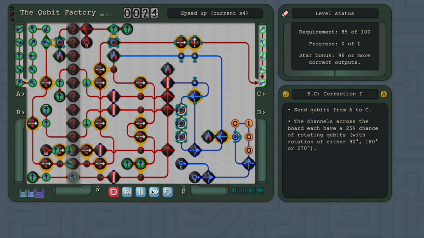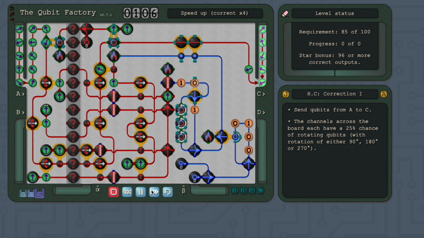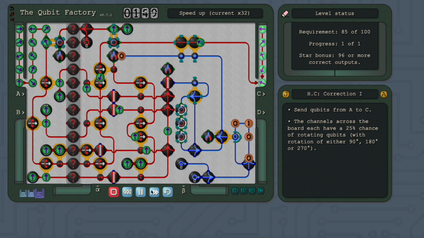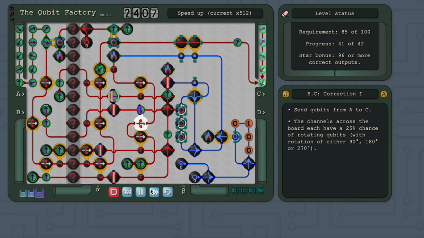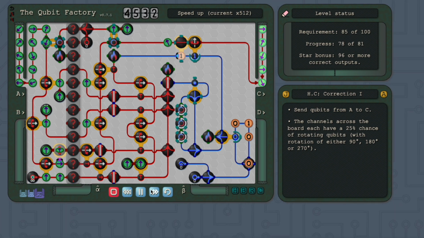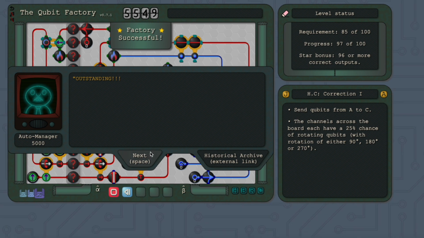Again, the strategy was not too different, but fitting this all in a compact design was a relatively difficult challenge. I'll be interested to see what other people come up with in terms of error correction strategies. Let's speed this up, and there we go, 97 out of 100 correct.